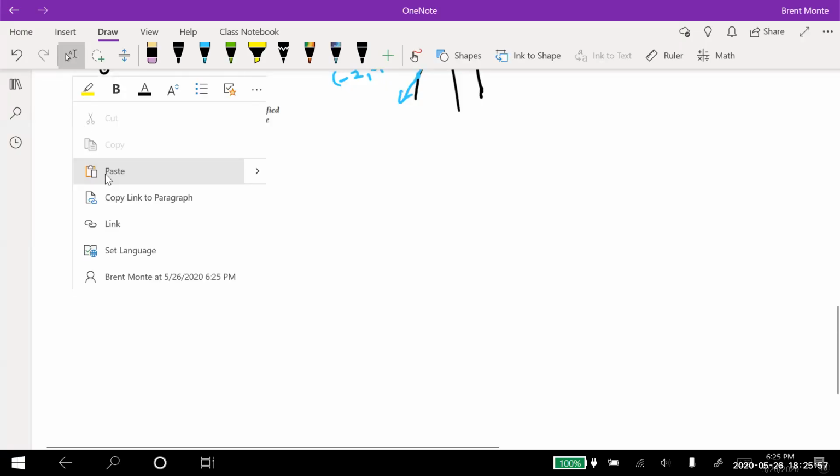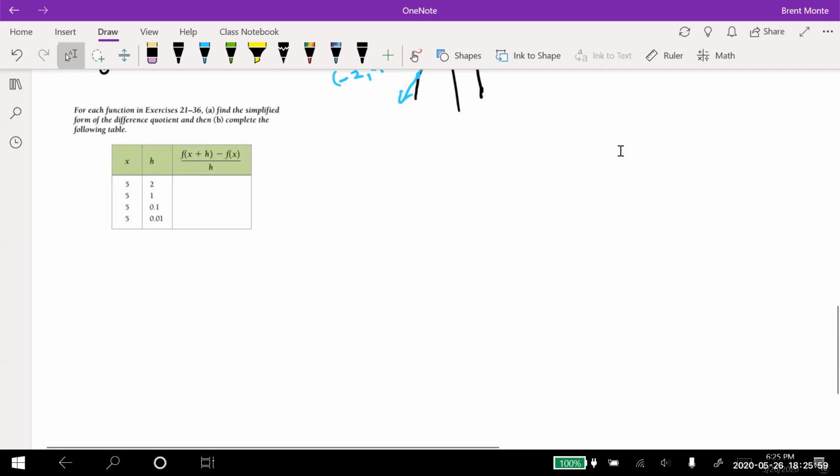So this is for some of the problems they've given us. It says for each function in exercises 21 through 36, find the simplified form of the difference quotient. This is the difference quotient.